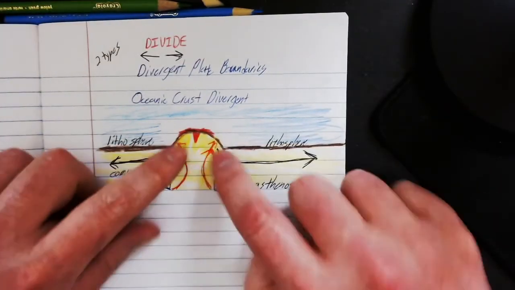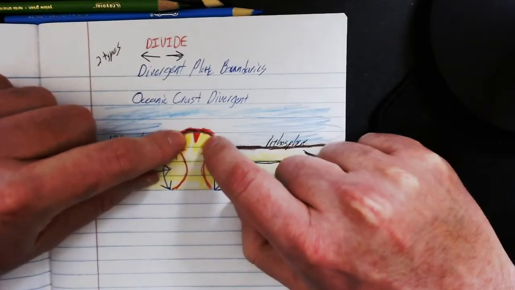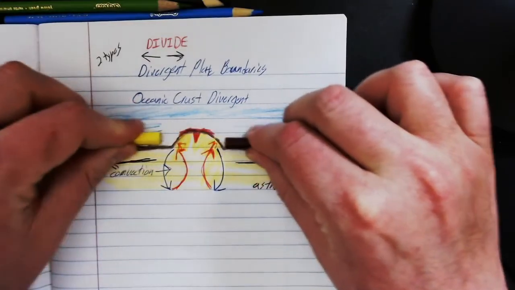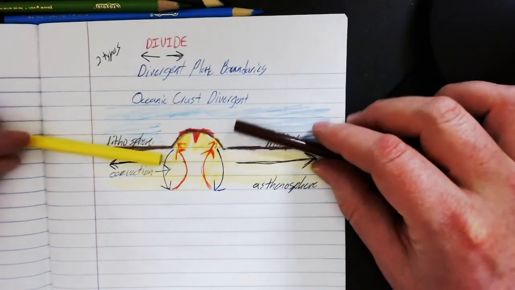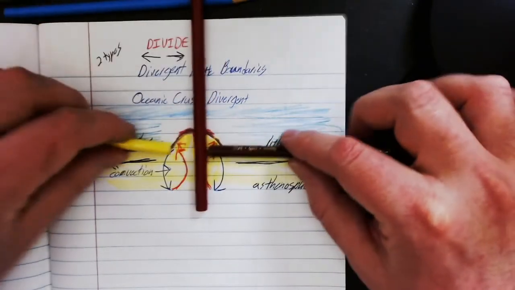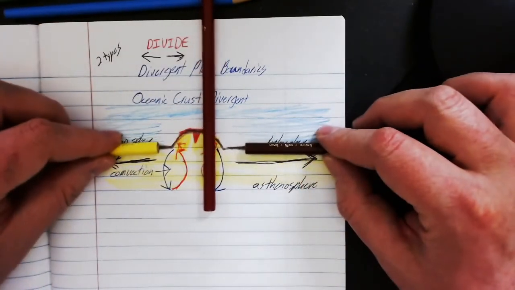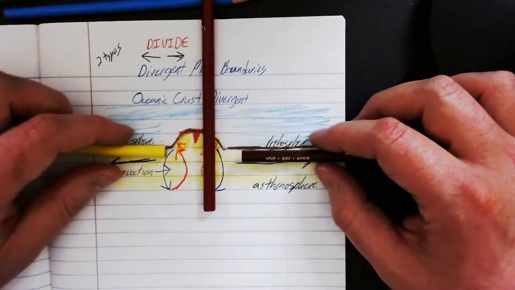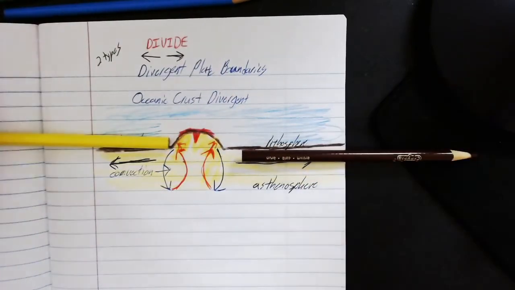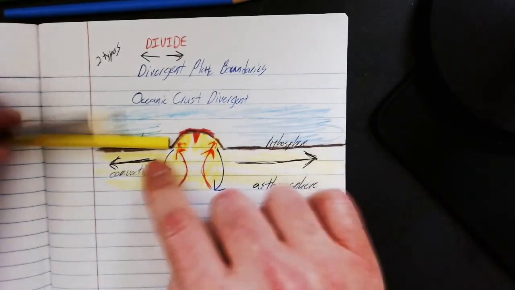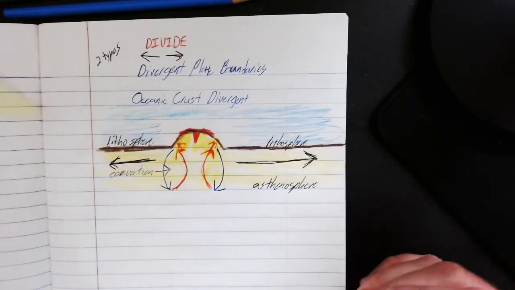So here in the middle, you have new rock being made, and the plates are being ripped apart. That new rock is land. Over time, this makes new land. Not new land, but it makes new lithosphere. It makes new crust under the ocean.